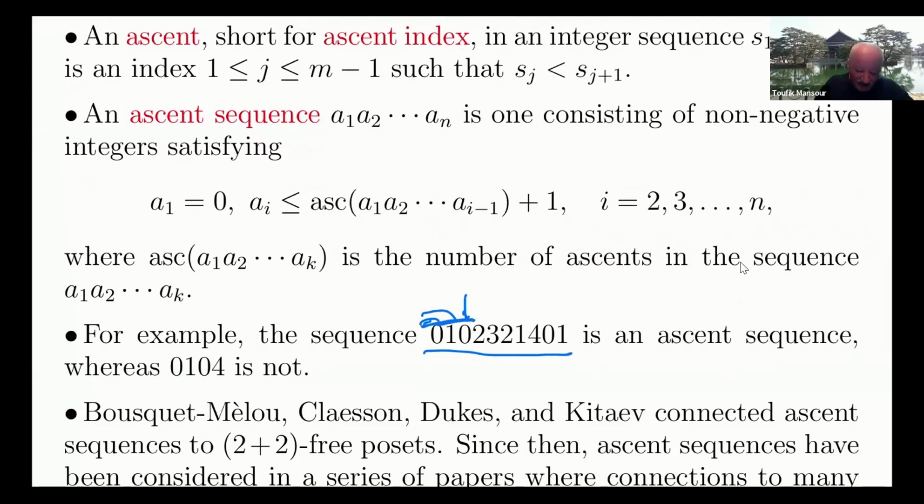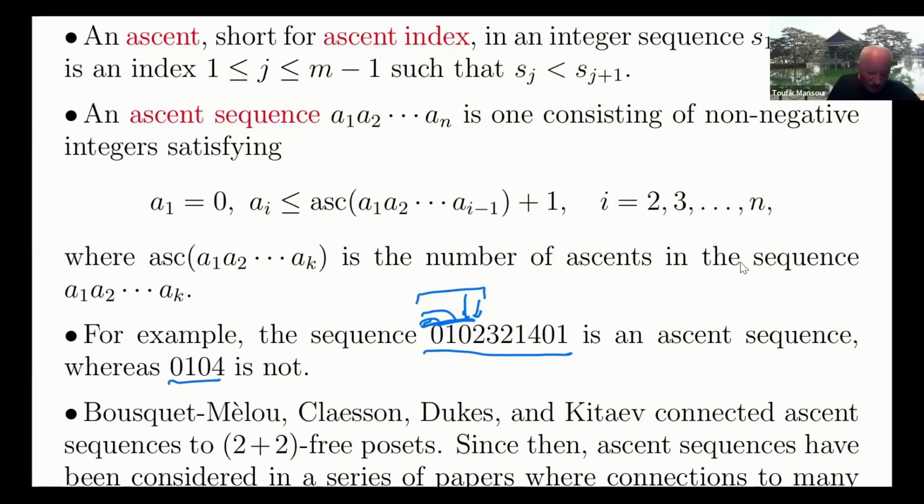So the next letter could be 0 or 1 or 2. In this case, 2. If I add 2 and look at the initial 4 letters, I have 2 ascents. That means the next one could be up to 3, and so on. So this is an ascent sequence.